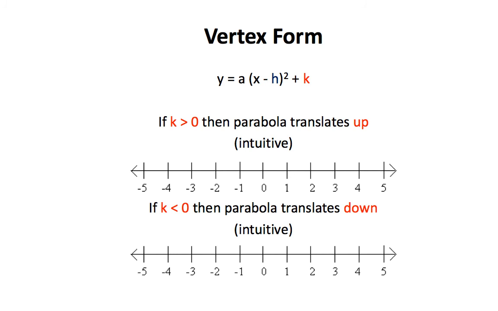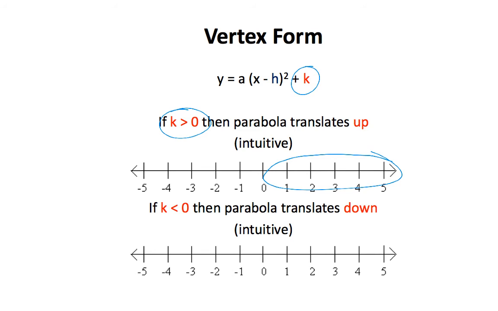Last but not least, we're going to discuss the significance of the variable k. If k is greater than 0, then the parabola is translated up. What exactly does this mean? If k is greater than 0, it must be positive, and this is very intuitive.